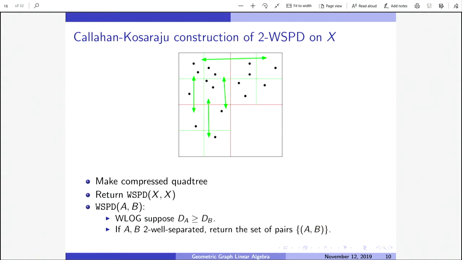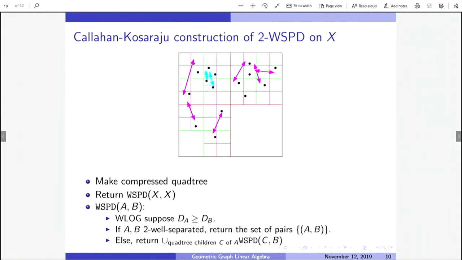If A and B are well-separated, we return the pair and add it to our well-separated pairs decomposition. Otherwise, we split up one side of the pair. We split up A using the children in the quad tree, and we recurse on those sets.